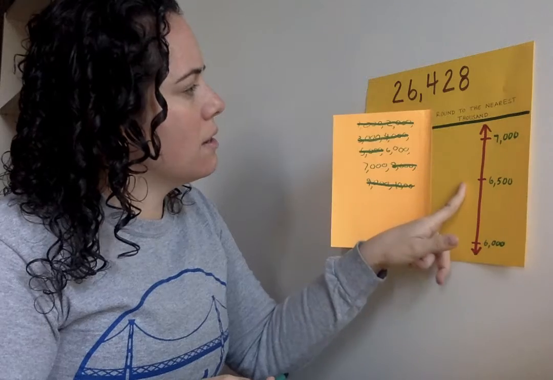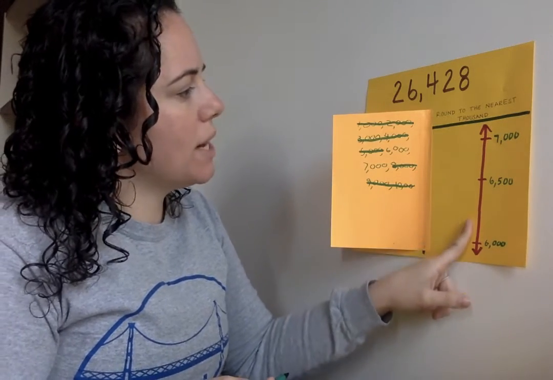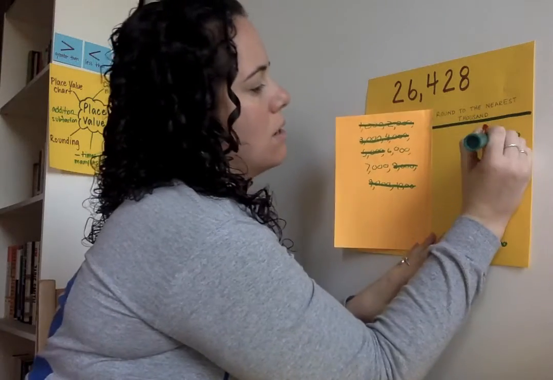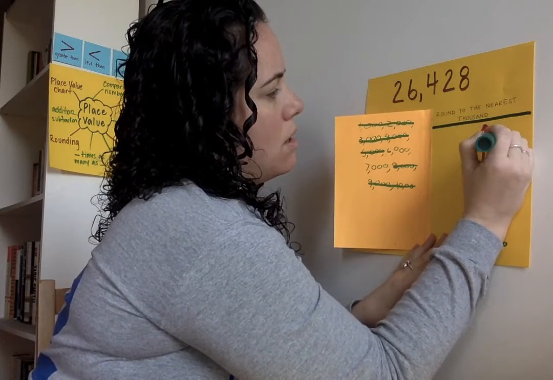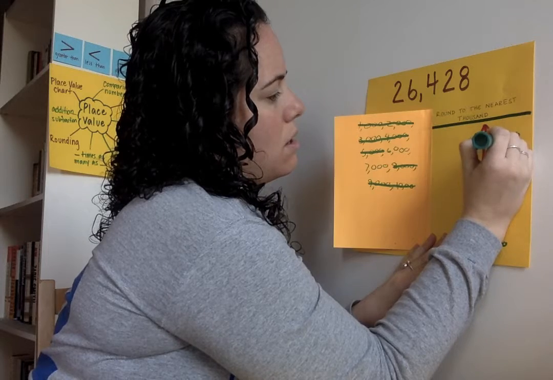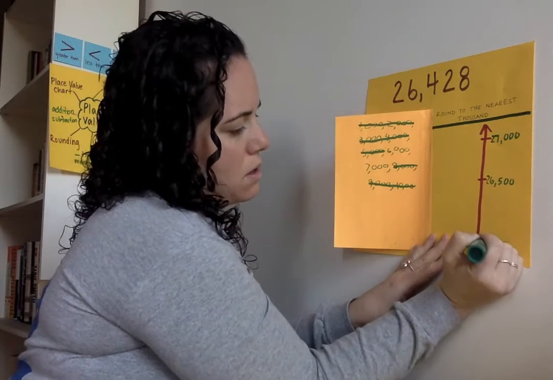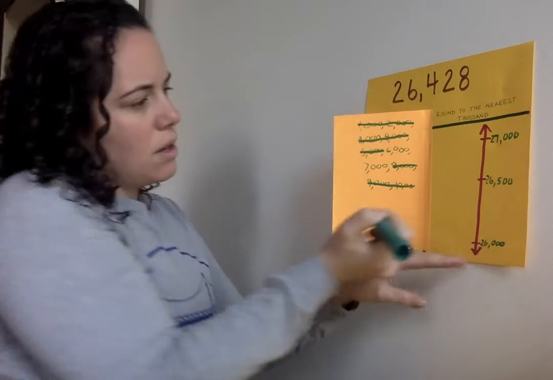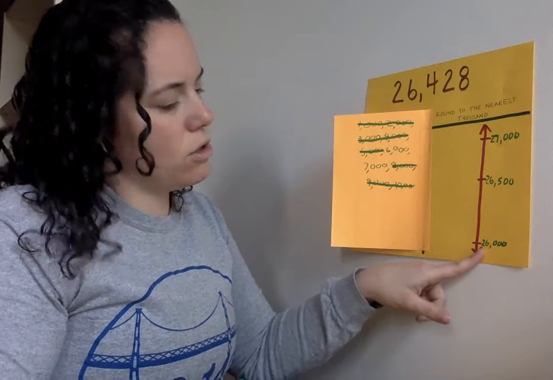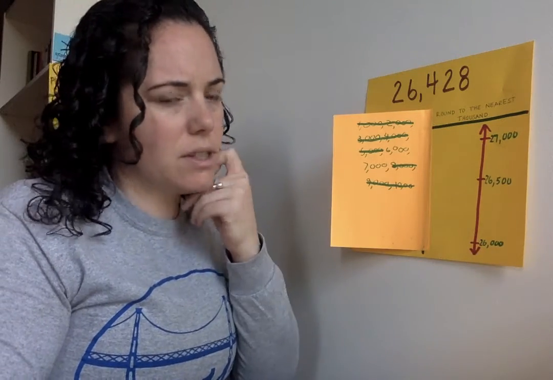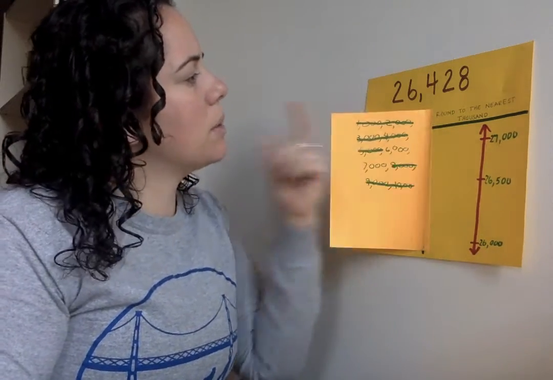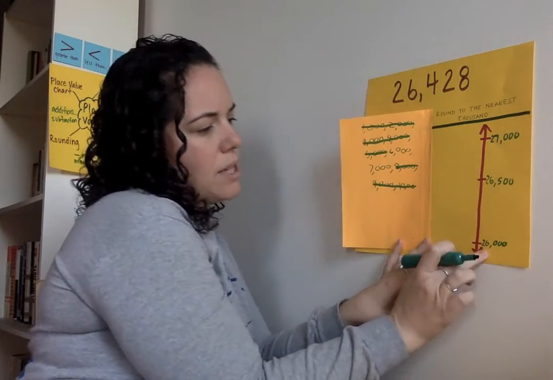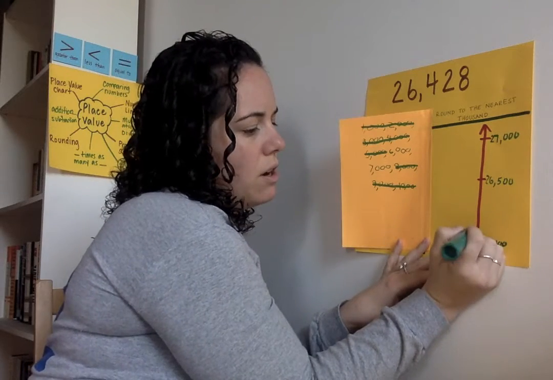So if I'm rounding 26,428 to the nearest thousand, I'm thinking, is it closer to 26,000 or is it closer to 27,000?